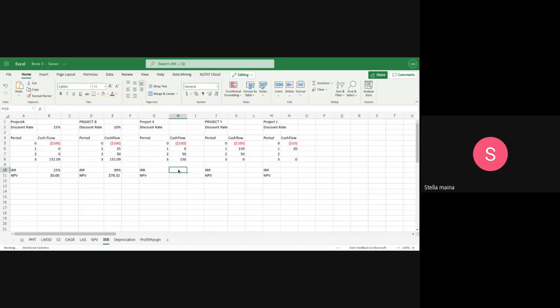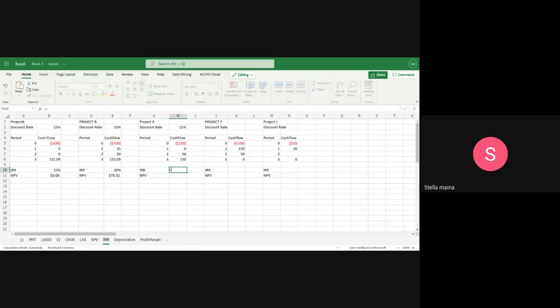So in case for our project X, we want to calculate the internal rate. So we will assume that the required rate for this project is 15%. Okay. So let us first calculate the internal rate of return.